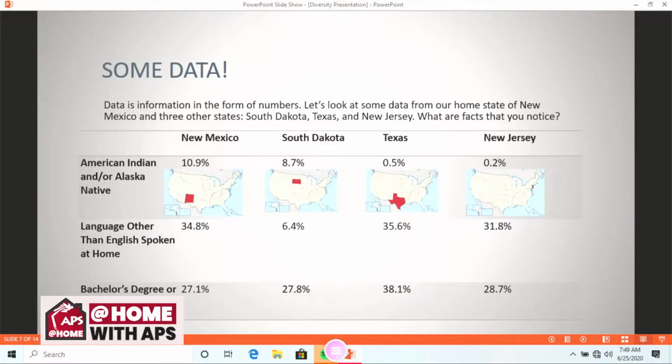34.8, almost 35% of people speak another language other than English at home. For example, my native language is Spanish, so I do speak it at home, especially when my mom's in town. And 27.1% of people, so 27% of people in New Mexico have a degree of 4 years, which again means that they went to college for at least 4 years.